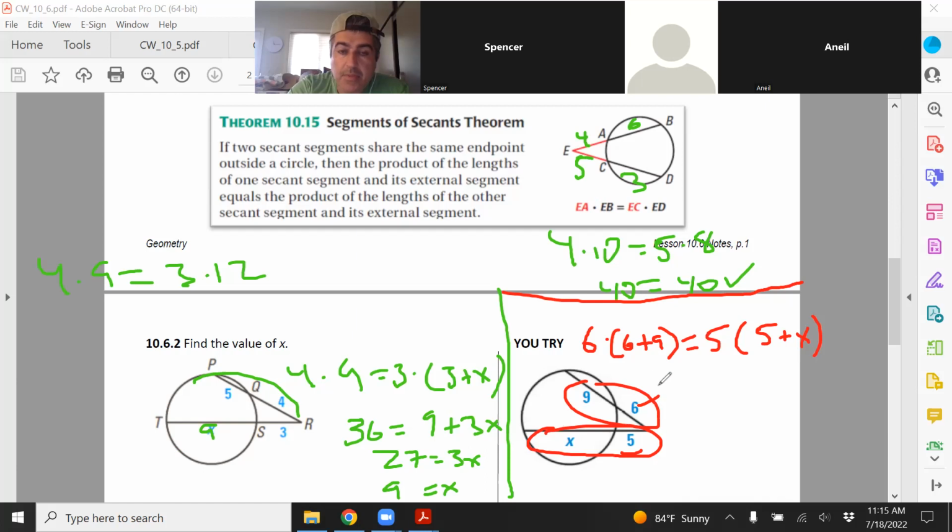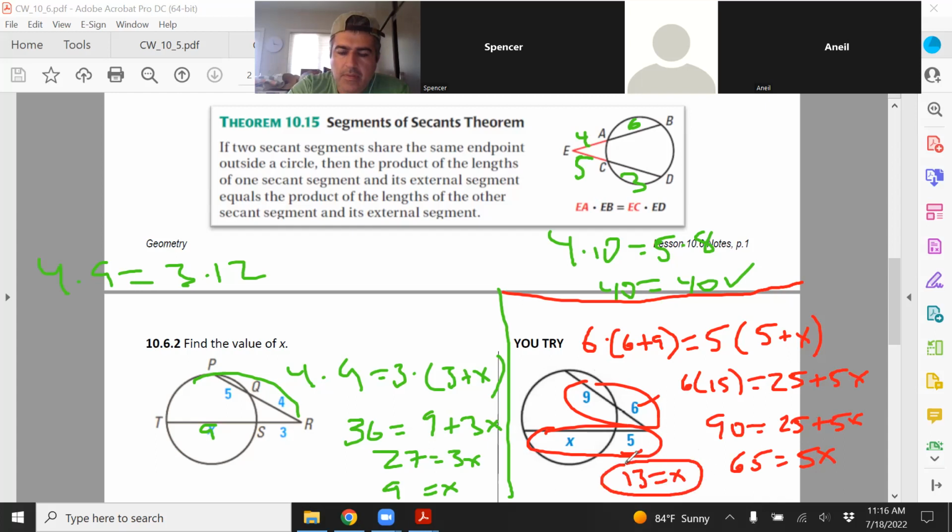So 6 times 6 plus 9 equals 5 times 5 plus x. And you get 13.